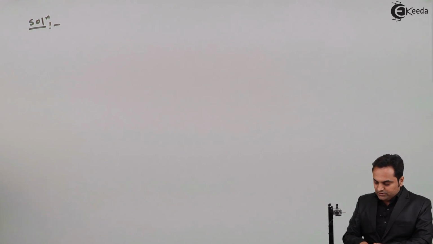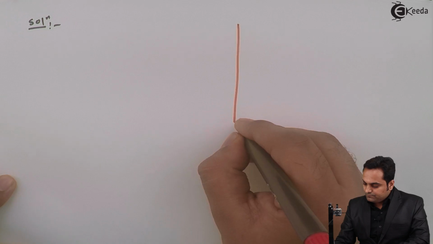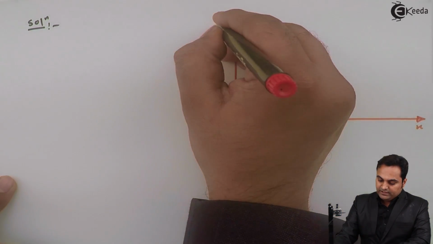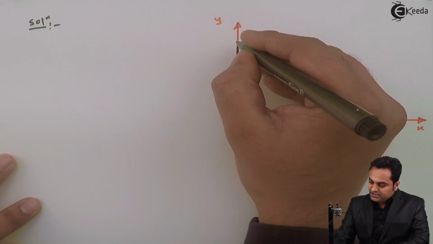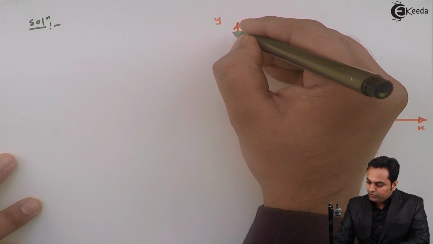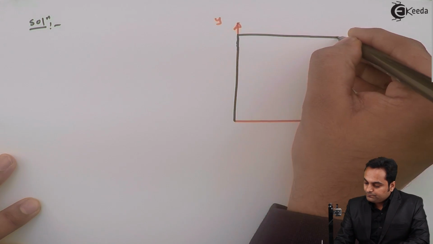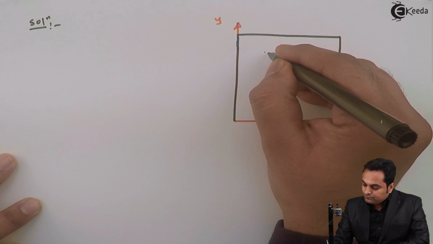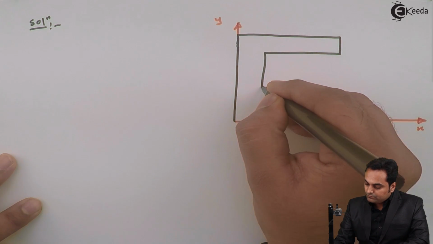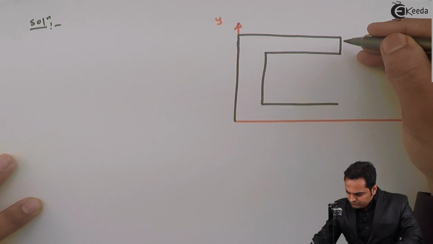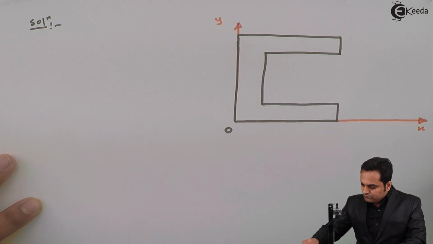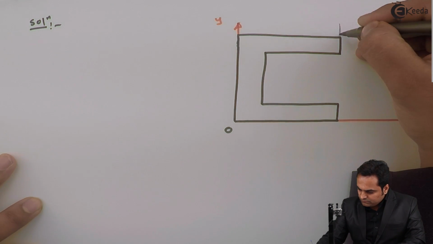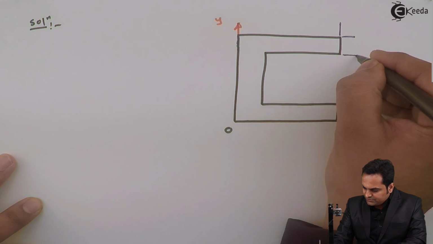Here we have a C section. So in the solution part, here we have x and y axis. So this channel section, I'll keep it on an axis system. I'll mark the dimensions here.